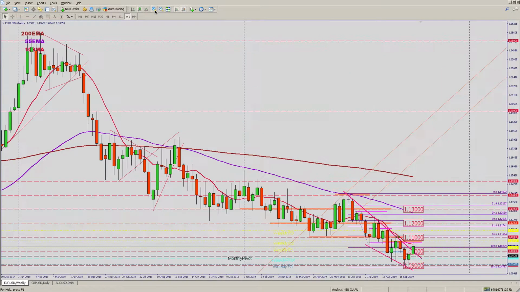And let's take a look at the weekly time frame, and you can see there's a bullish close moving up towards the weekly R2 level.